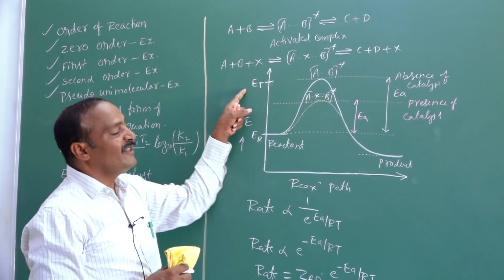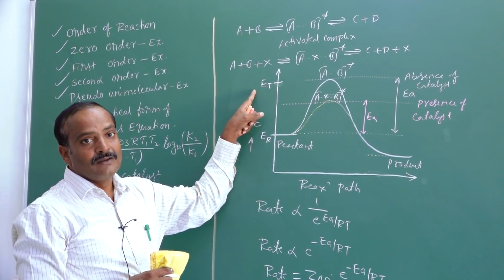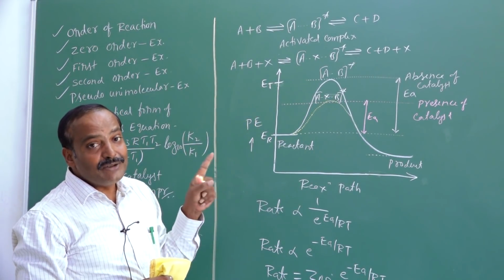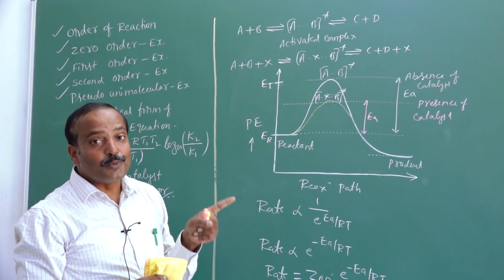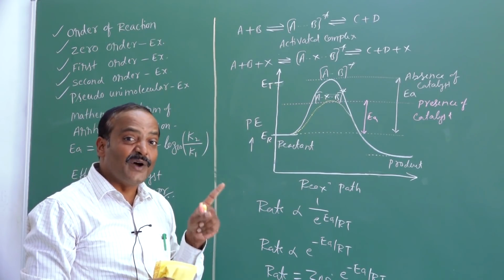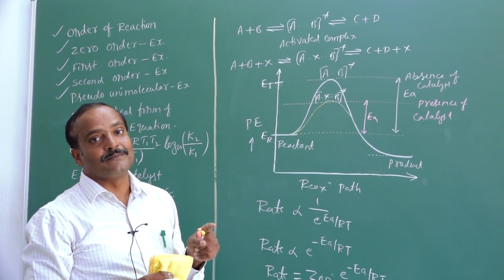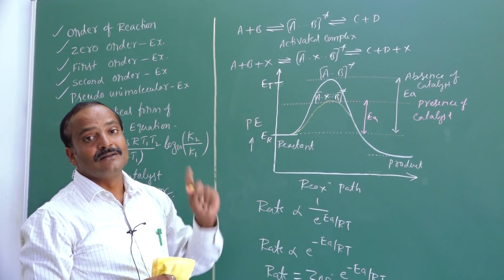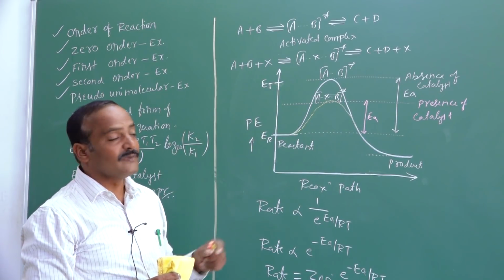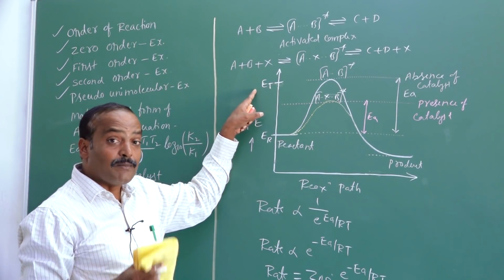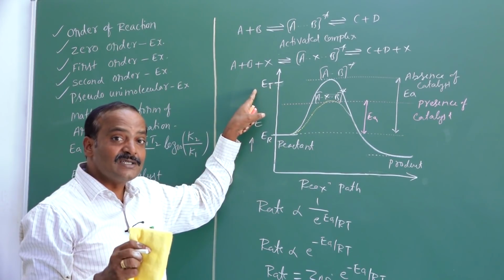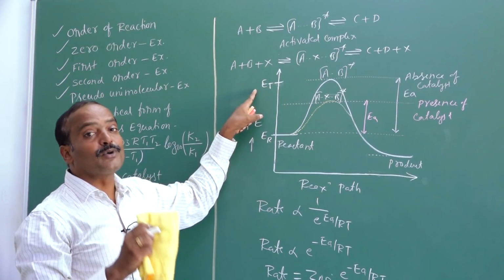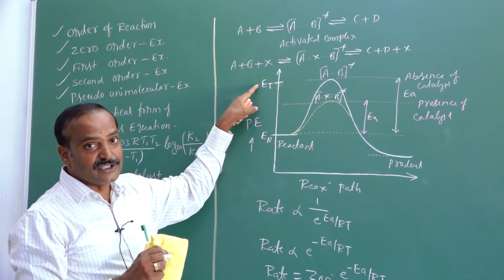What is threshold energy? The minimum energy that the molecules of reactant should possess in order to react with one another upon collision and form product is called threshold energy.